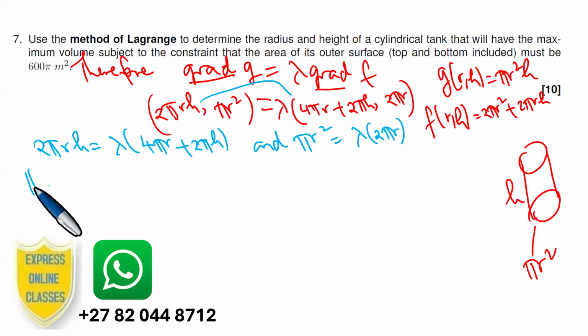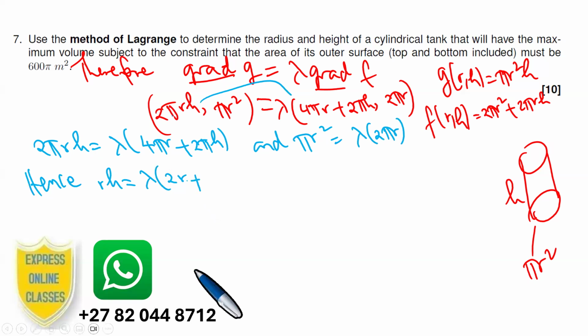Hence, we divide through by 2 pi. The r is not there, so you can just divide by 2 pi. If you divide by 2 pi, the 2 pi is going to disappear. It's going to give us r h equals lambda, and dividing this one by 2 pi, it's going to be 2r plus h.